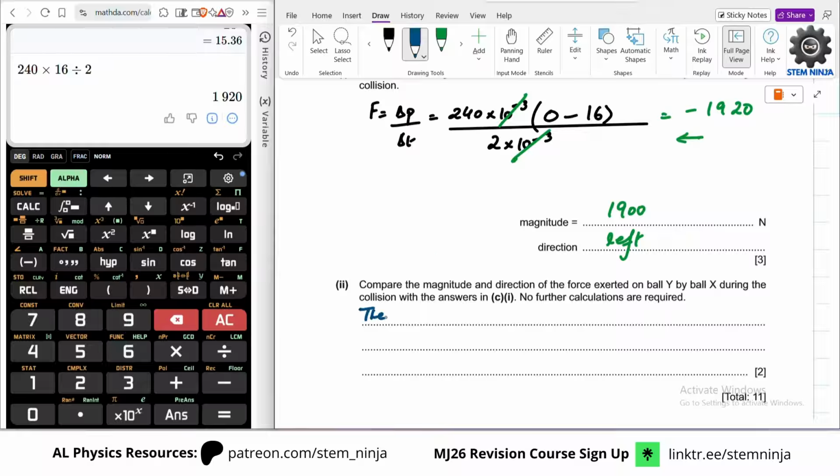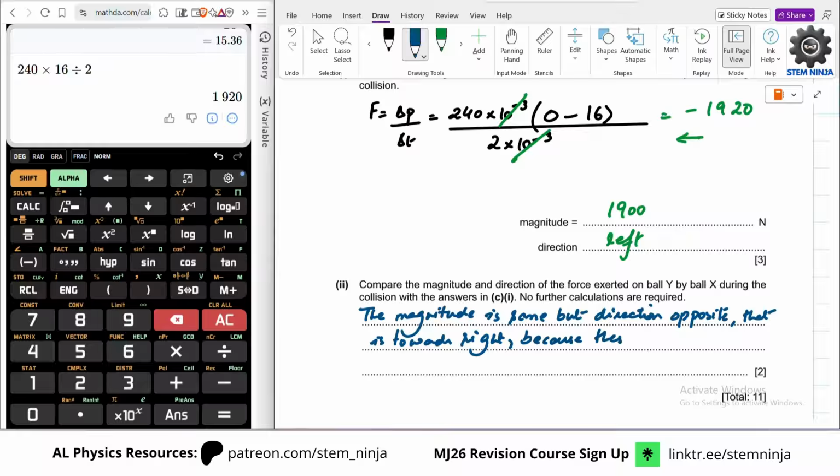So the magnitude is same, but direction opposite, that is towards right, because these two forces are an action-reaction pair, or you can also say Newton's third law pair.